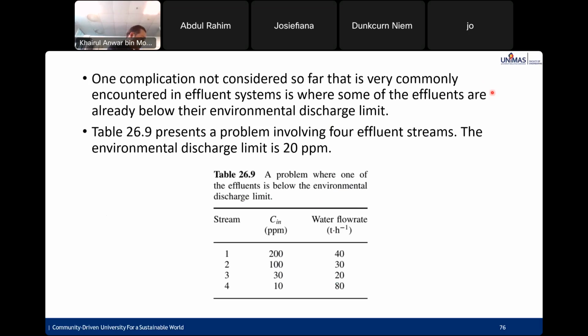For the last example, example 26.3, all the streams have concentration more than the environmental discharge limit of 20 ppm. So this example is for what happens for less than 20 ppm. So stream 4 is less than the discharge limit.